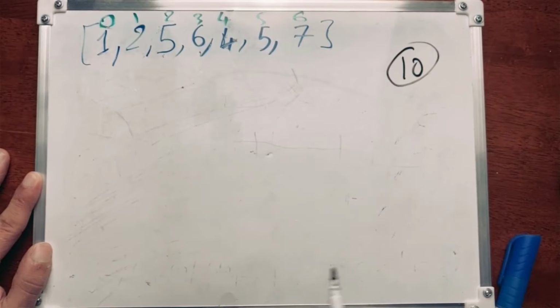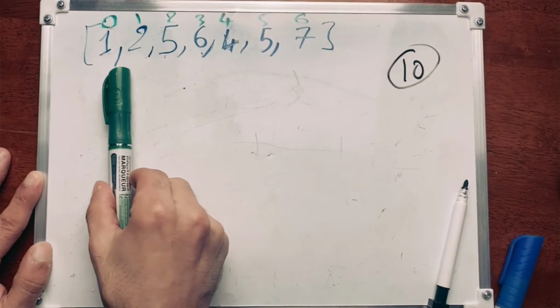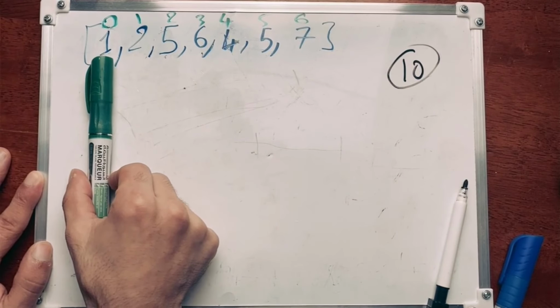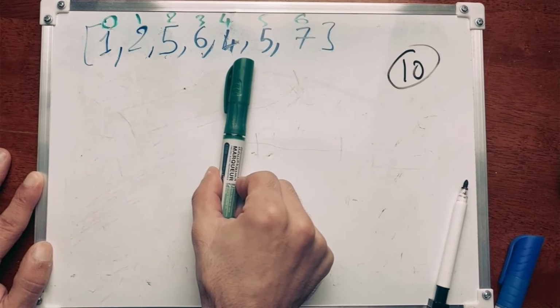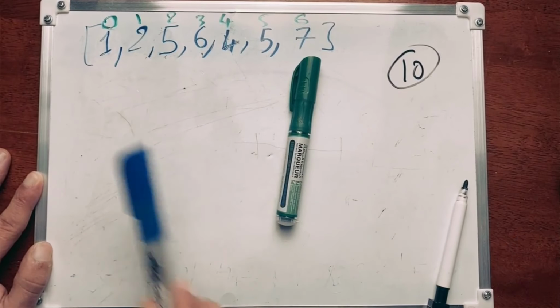So we have to find the pair from this array. A simple approach, a brute force approach, is that we start two pointers. Let's say one of them is this one, okay? This pointer will loop through every element in this array, and along with it, we will have another pointer.